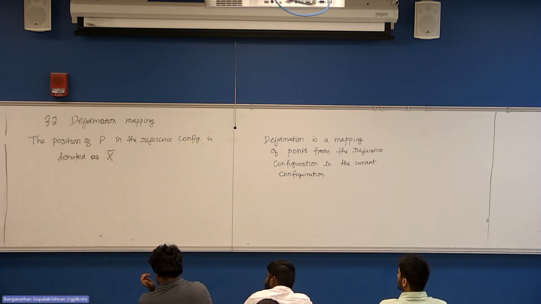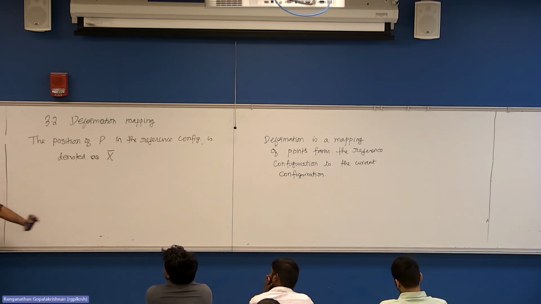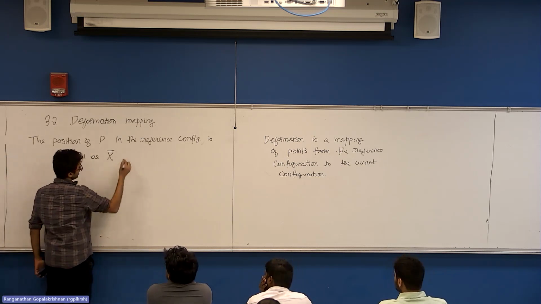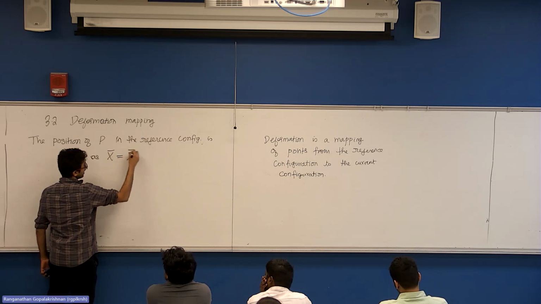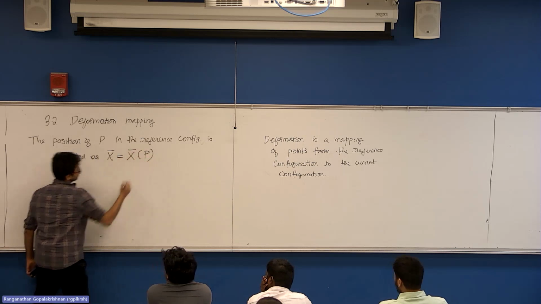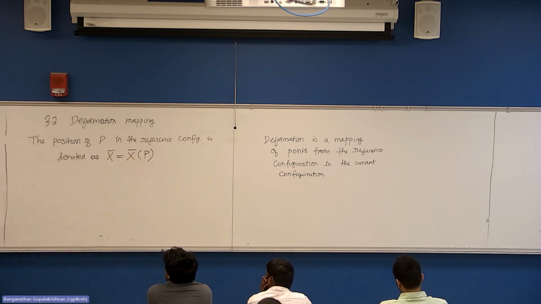We are going to use uppercase always to denote reference. Okay, that is just a given from here on. And we just write X bar equal to X of the point P to denote it's the position vector for point P.